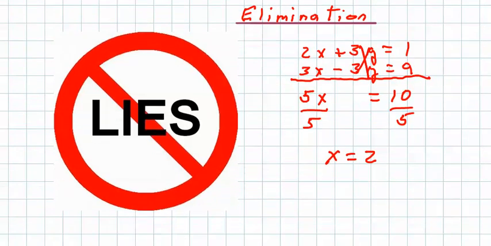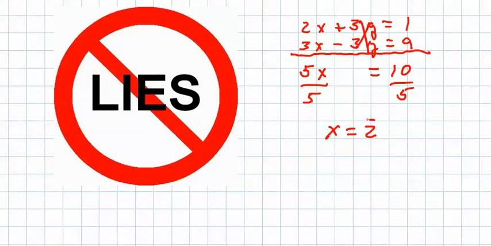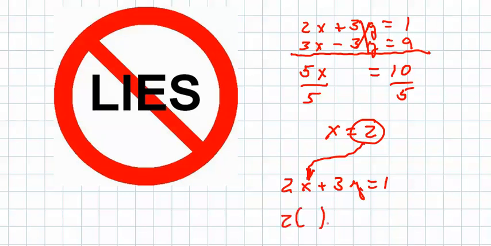Now, just like with substitution, we put this 2 back into one of the equations. It does not matter which equation. I'm just going to pick the first one. 2x plus 3y is equal to 1. I'm going to stick this in for x. So I have 2 times x plus 3y equals 1.